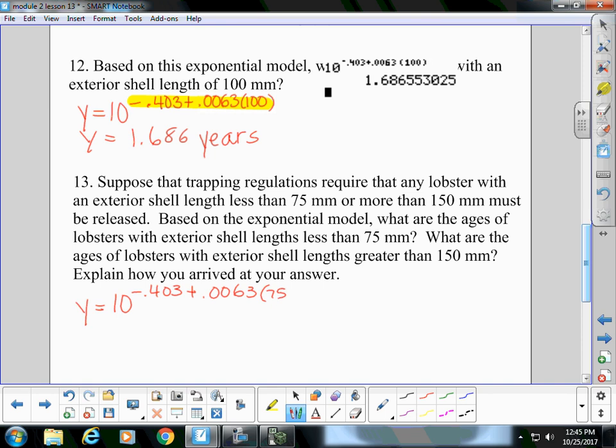I want to find out what the ages of those lobsters are. And what are the ages of the lobsters with shell lengths that are greater than 150? So then I want to do the same problem again, but I want to plug in 150, so that I can find out what ages I'm allowed to keep. Because if it's smaller than the answer I get for the first one, or bigger than the answer I get for the second one, I have to put it back.